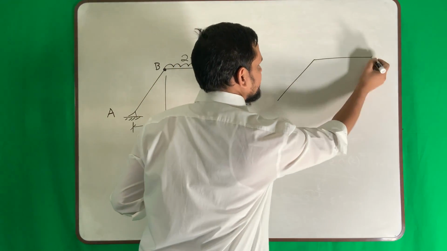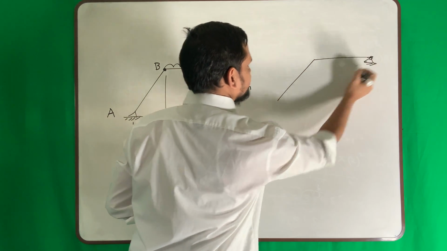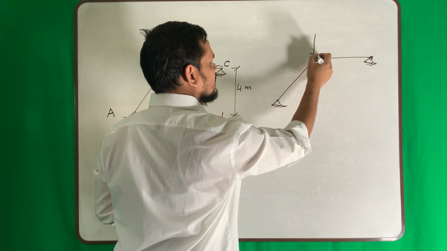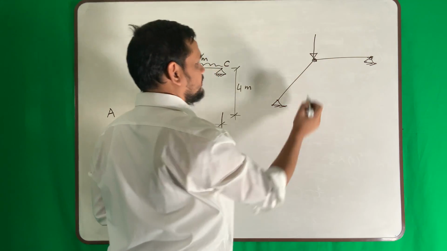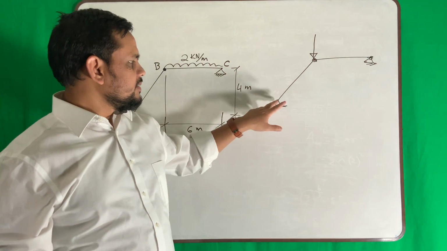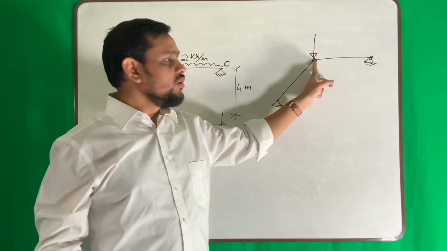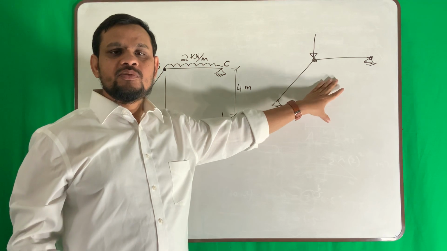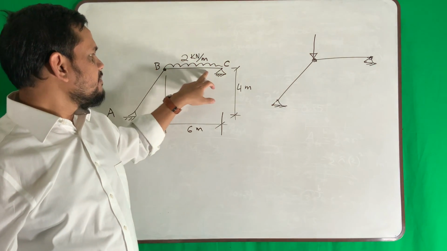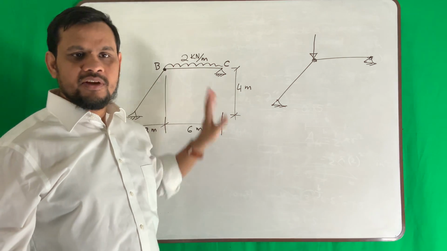Same thing. If my structure was like this, pin, load at the joint, then it would be a truss. But in this case, my load is inside my member, so it is a frame.